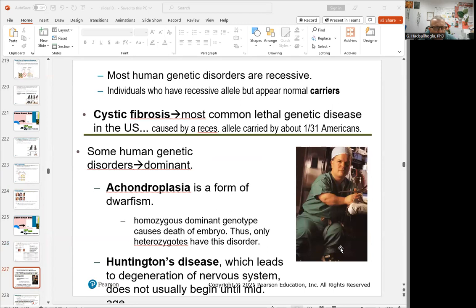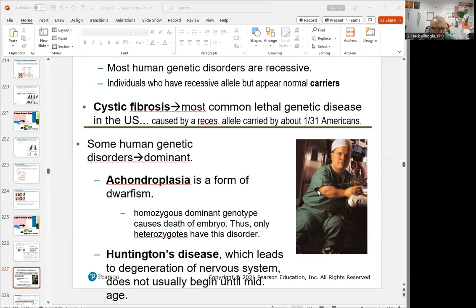So here is one example, which is cystic fibrosis, which is a recessive disorder, and it's found in 1 out of 31 Americans. Sometimes we see dominant situations like achondroplasia, which is dwarfism, or Huntington disease. Again, we're just saying, okay, dominant.